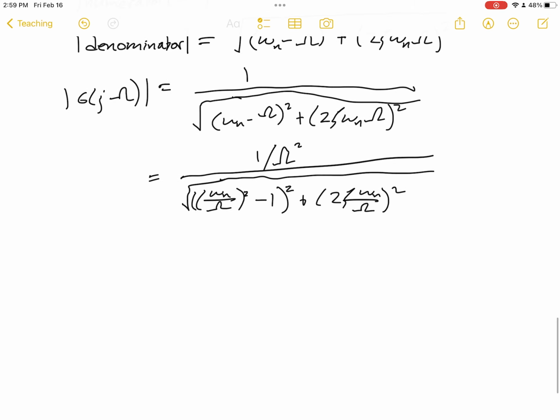Same thing, the phase of g of j omega equals the phase of the numerator minus the phase of the denominator.